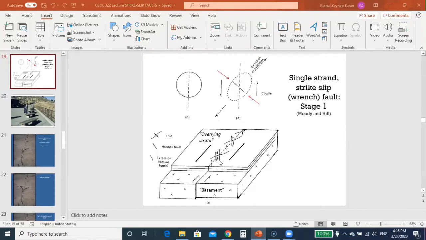Okay. So in this experiment, what they do, they slowly move one of the blocks in one direction to create this strike-slip motion.